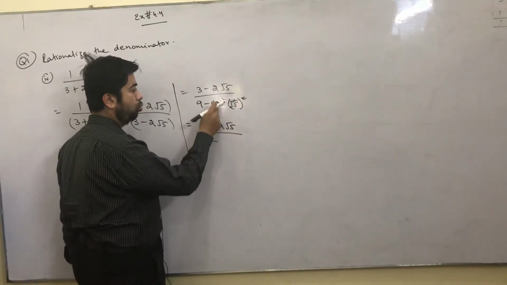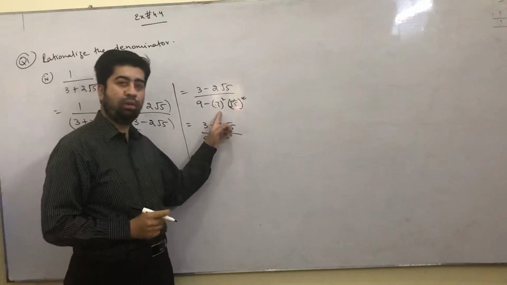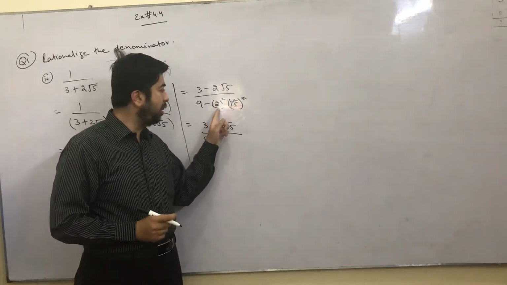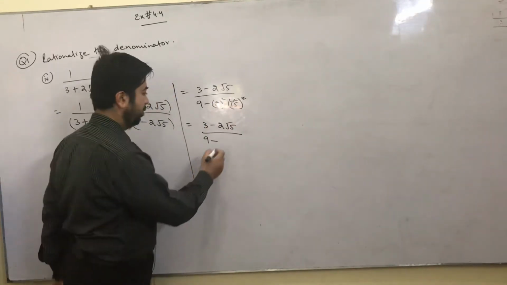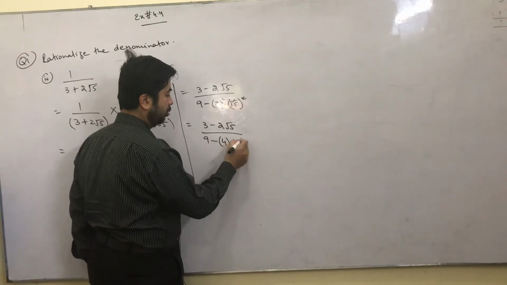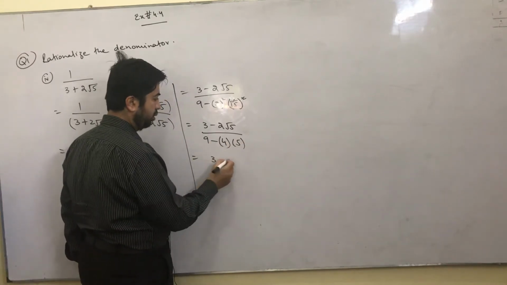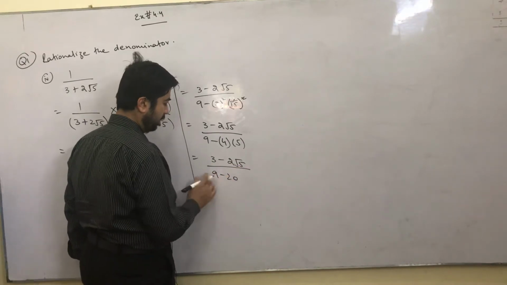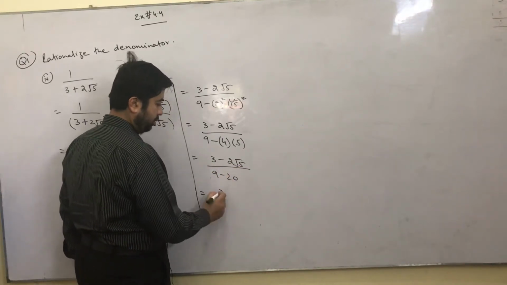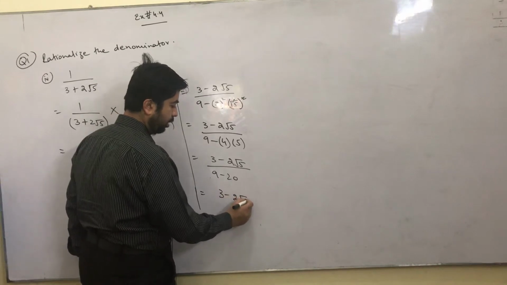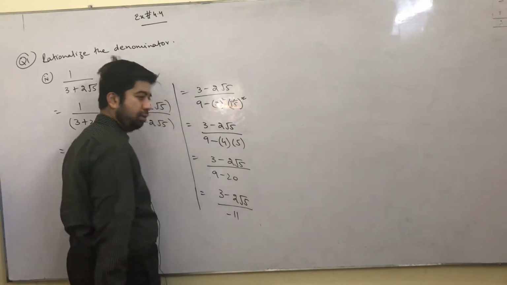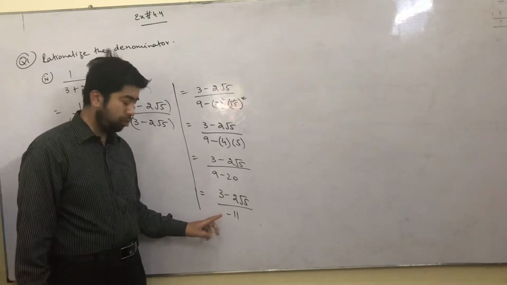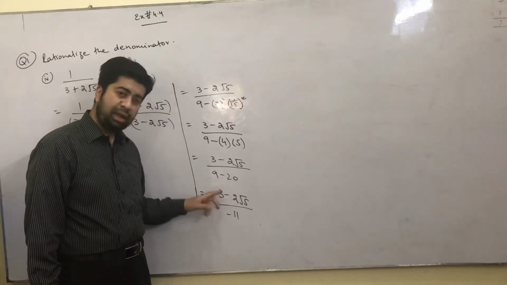9 minus 2 square. You know what is the square of 2? 2 square is 4, and 4 is going to multiply with this 5. So 4 multiplied by 5, that is 20. So 9 minus 20, that is minus 11. What about this minus? You don't have to write it beneath in the denominator.